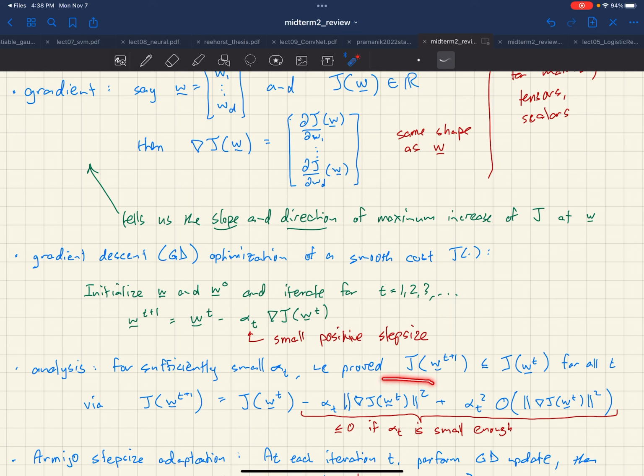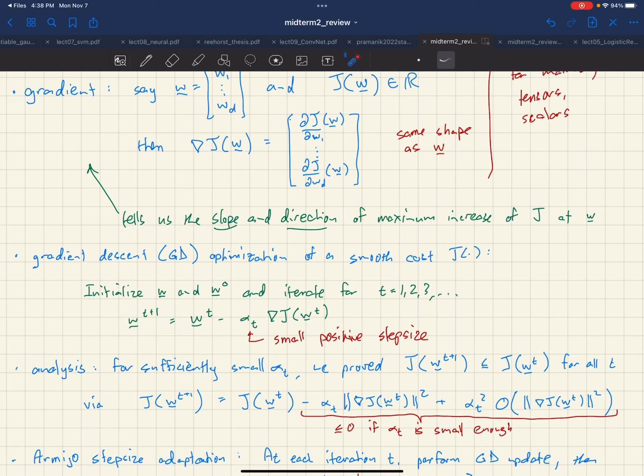And that means that this should overwhelm this. What we said is that if alpha is small enough, when you square that alpha, it gets super small. So you should always be able to find an alpha for which this term is larger than this term, and therefore this update will be overall negative. So that was the idea. We convinced ourselves that when alpha is small enough, gradient descent makes progress.